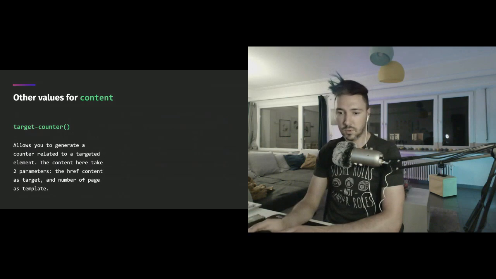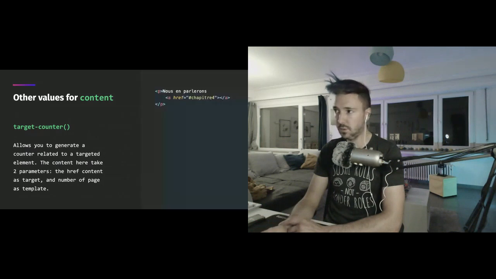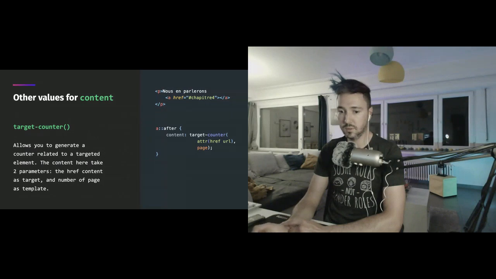So for example, target-counter allows you to generate a counter related to a targeted element. The content here takes two parameters, the href content as target and the number of page as template. And it displays something like that: we talk about it, page 23.